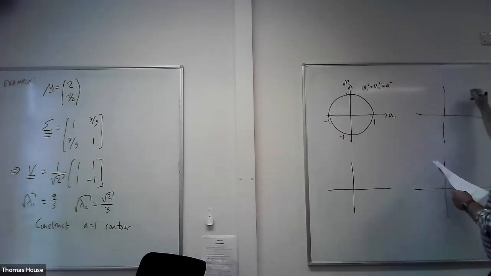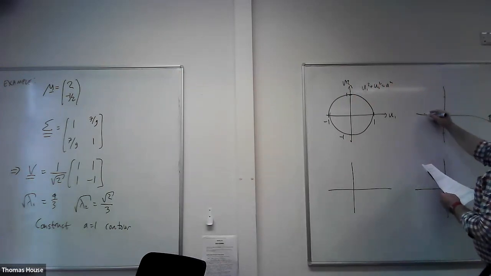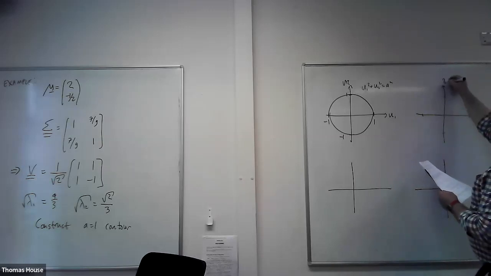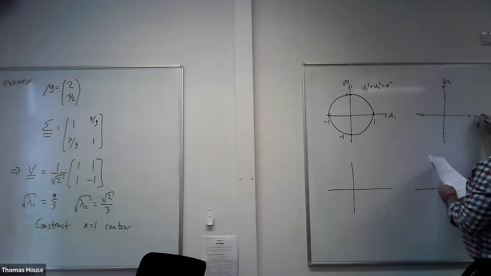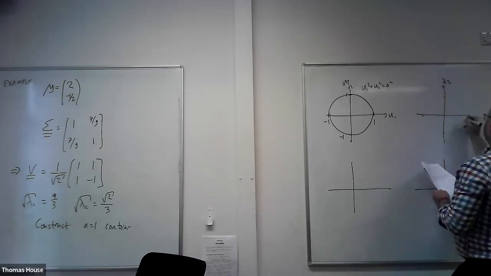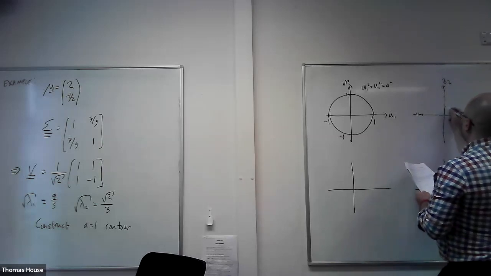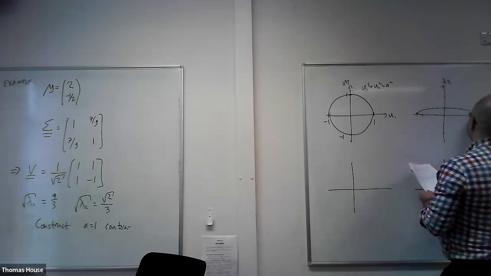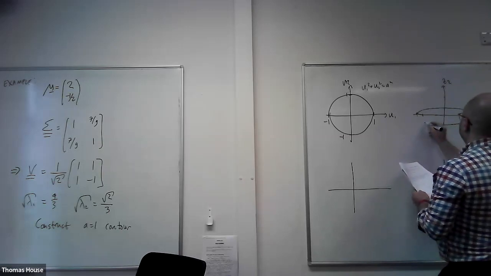So now let's look at it in the z's. So these are the scaled ones. The bigger contour is 4/3, so that's going to have this major axis here. Then the minor one is √2/3. And so that's going to go around like this.